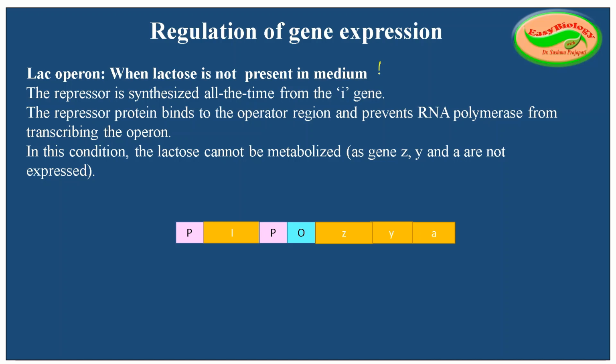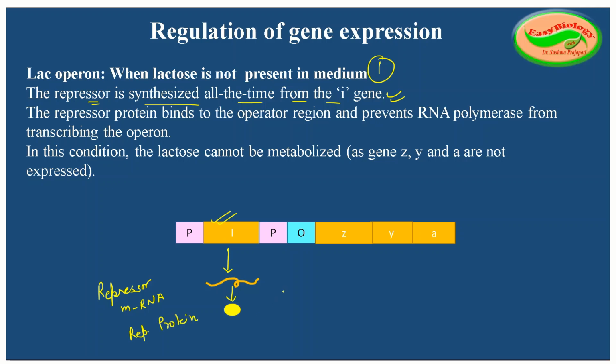Condition number 1: when lactose is not present in the medium. In that condition, the repressor is synthesized all the time from the gene I. So it will be synthesized in the cell all the time. This is the repressor messenger RNA, and this messenger RNA will produce the repressor protein.